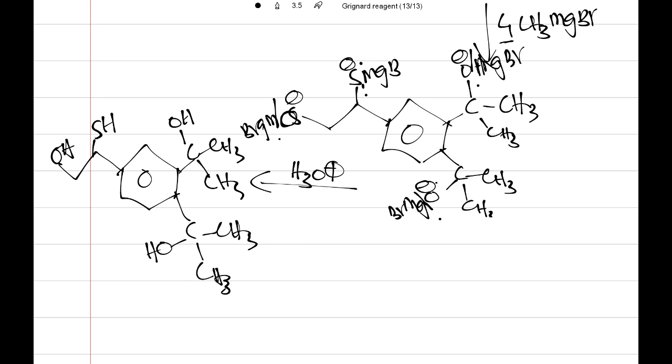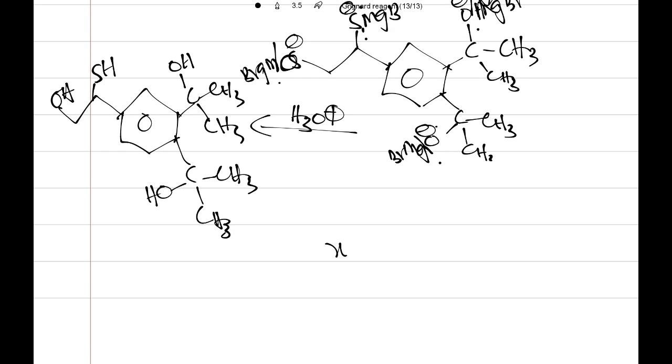That means what is X here? X equals 6 moles of Grignard reagent used in this reaction: 2 moles to remove the hydrogen from the alcohol and thiol, and another 4 moles to convert the acid halides to tertiary alcohols.